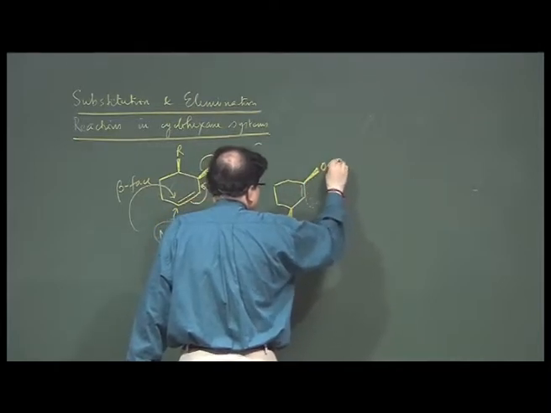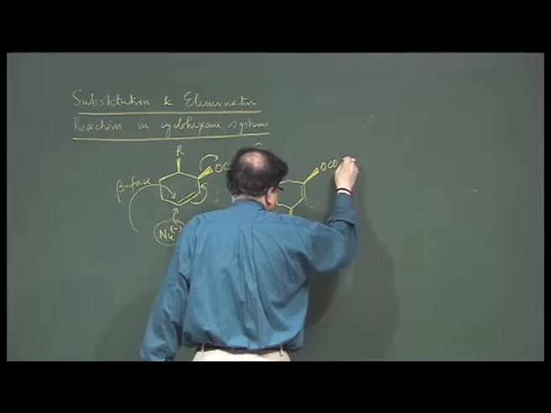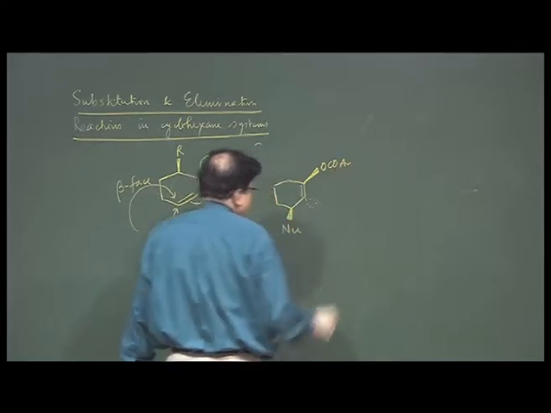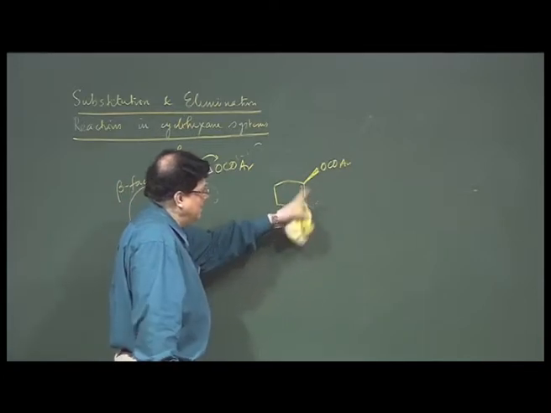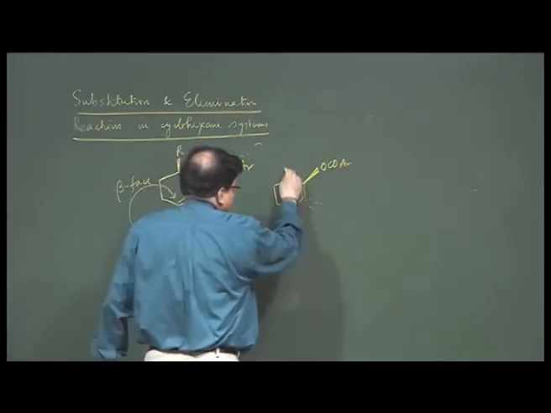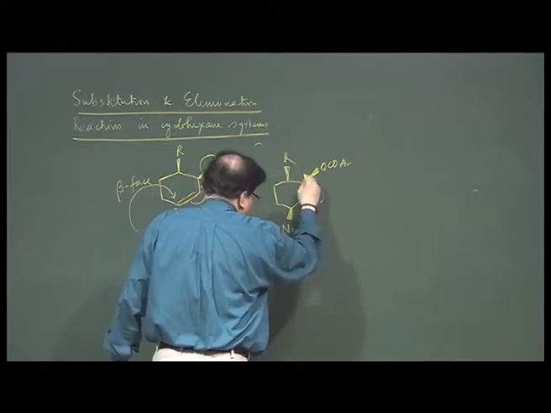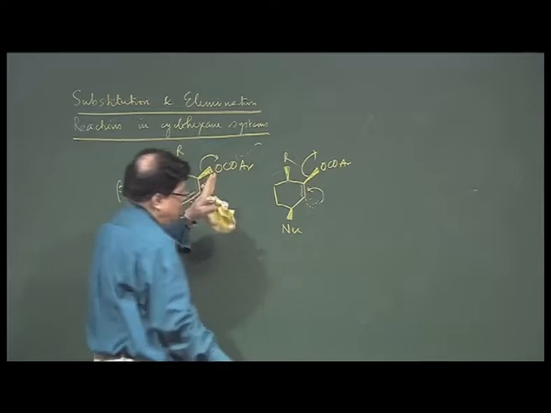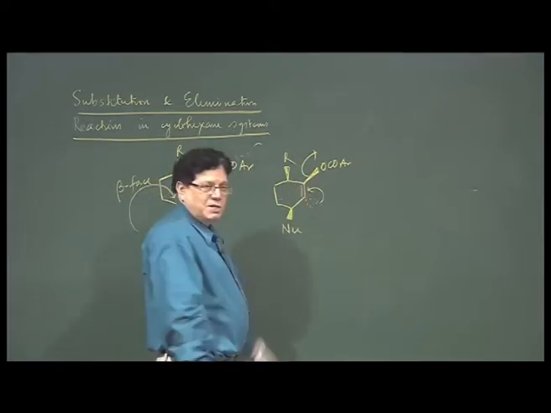So it is like a trans elimination, as I said in the case of E2 elimination. It is a kind of trans anti elimination: this comes back and this goes out. It is good if they have an anti relationship.